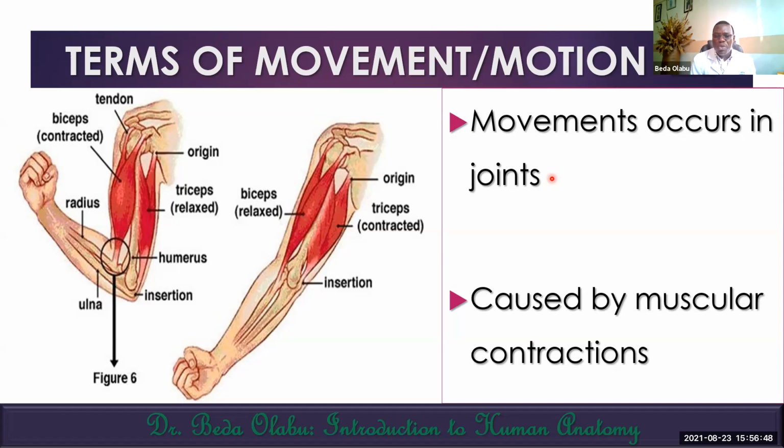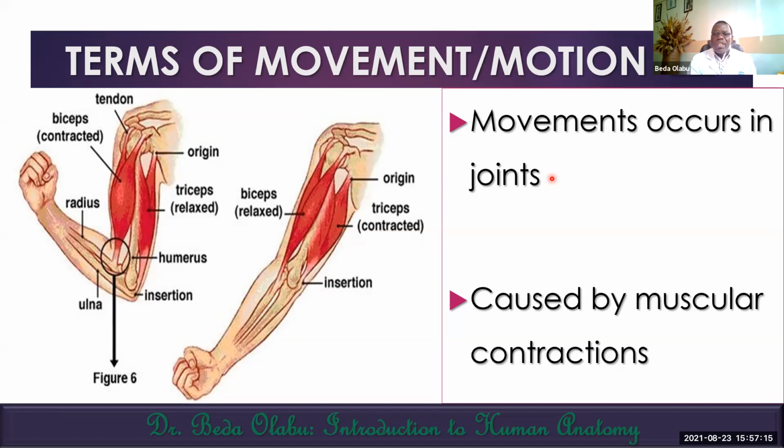And because of pulling the bones, those bones move around the joint. So you'll find that muscles will be crossing at least one joint. And because it crosses at least one joint, when it contracts, it will move the distal bone most of the time on that particular joint that the muscle is crossing.